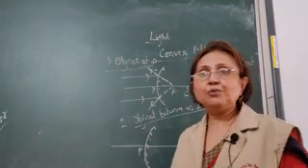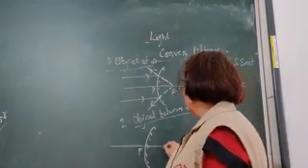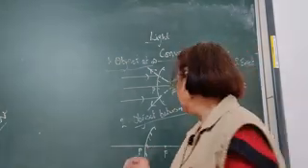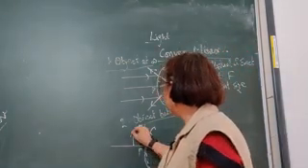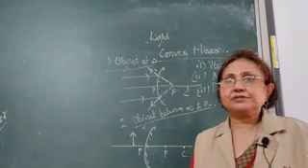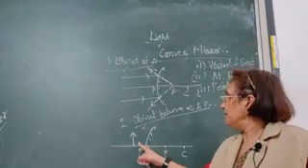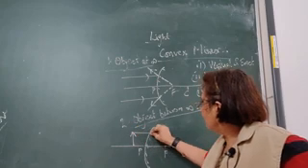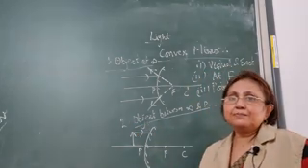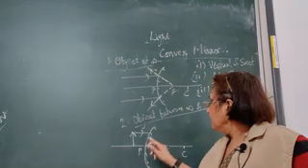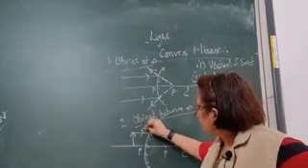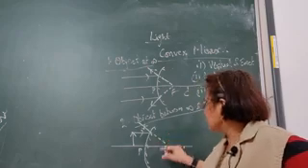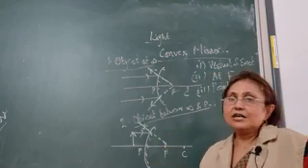This point is the pole, focus, center of curvature. Now place the object in front of the reflecting surface. One ray of light parallel to the principal axis will be reflected and it will appear to pass through the focus.